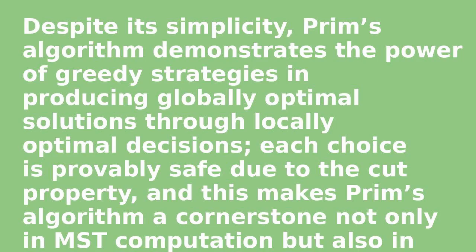Despite its simplicity, Prim's algorithm demonstrates the power of greedy strategies in producing globally optimal solutions through locally optimal decisions. Each choice is provably safe due to the cut property. And this makes Prim's algorithm a cornerstone not only in MST computation but also in understanding greedy algorithm design more broadly.